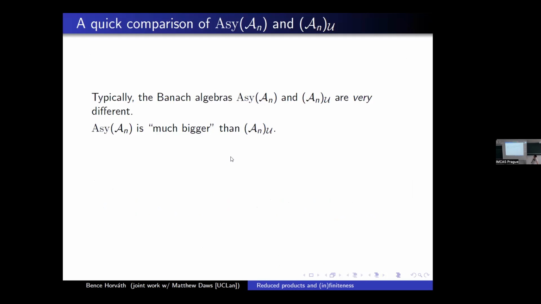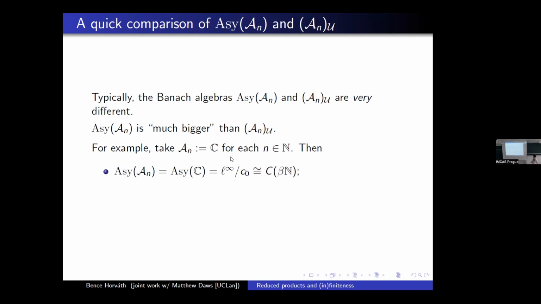So typically, although the construction is similar, these algebras can be very, very different. Typically, the asymptotic sequence algebra is a much larger object than the ultraproduct. What do I mean by that? If you take the sequence to be the complex numbers, then the asymptotic sequence algebra of the complex numbers is just L infinity mod C0, so the continuous functions on the Stone-Čech compactification.